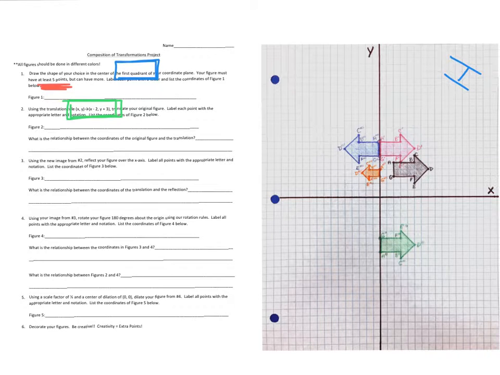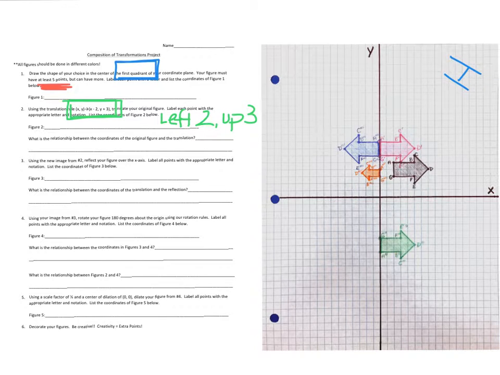So what I did was I turned these into a set of directions. -2 on the x-axis, if we're thinking about the x-axis, -2 is going to be to the left, and +3 on the y-axis is going to be up 3. So this is telling me I want to go left 2 and up 3.